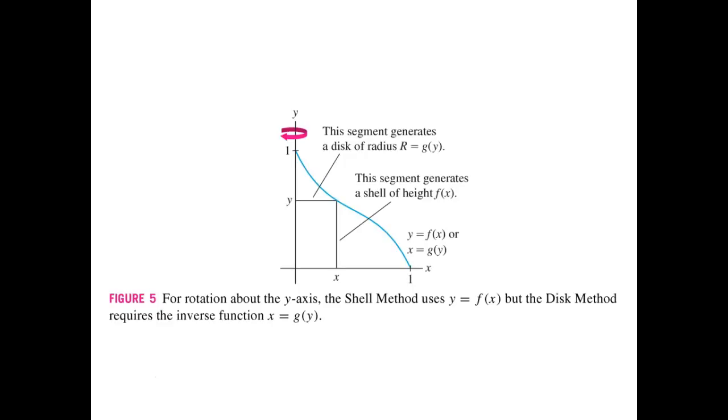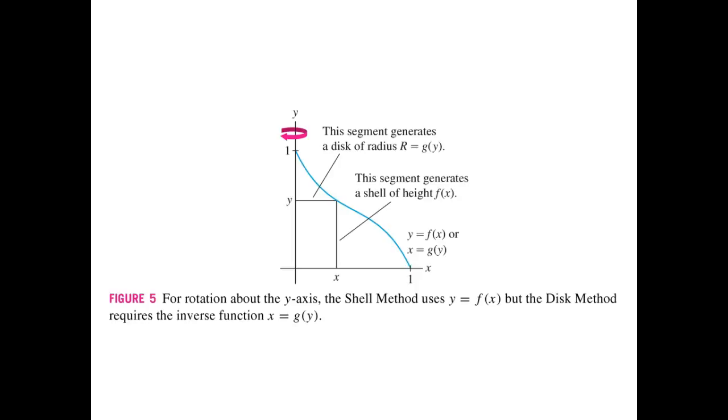For a rotation about the y-axis, the shell method uses y equal to f of x because you're using a dx there to be the thickness of the shell. But with the disk method, you have a dy, so then you have to change y equal to f of x to x equal g of y.